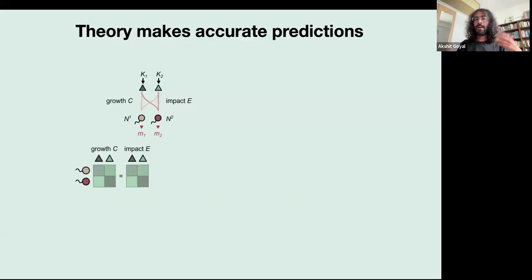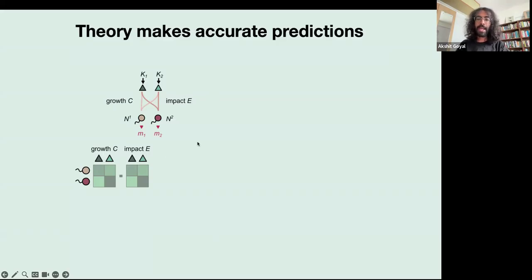But of course, the point that I also want to make is that this theory can actually make accurate predictions. And of course, I wouldn't be coming to you telling you about all of this if the predictions that it made were not right. Right. So just to orient ourselves and highlight here, this is an example from a very simple two species, two resource version of this consumer resource model. I've taken some random parameters for growth and impact.